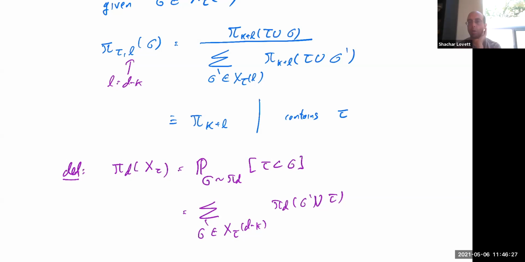Complexes always have a weight. If you don't say what it is, then it's just going to be 1 for all the top level faces. It will not be 1 for the lower ones because they might not be regular and so on. So just be aware of it. We will always work with weighted simplicial complexes, and then the links are always going to be weighted simplicial complexes as well.